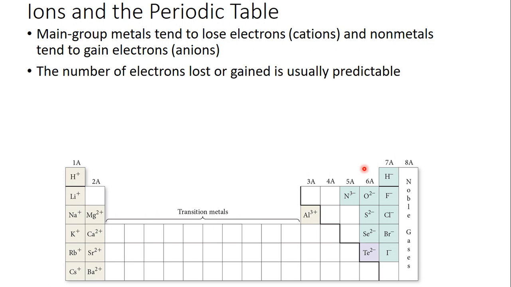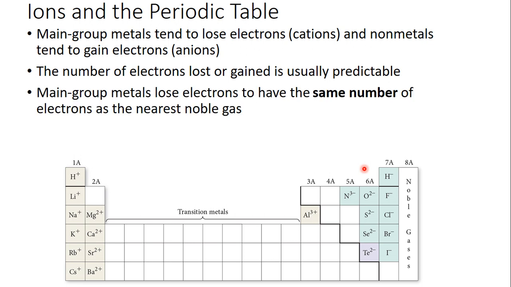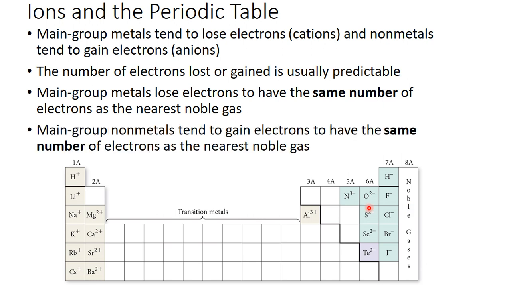We can usually predict how many electrons are gained or lost, because main group metals want to lose electrons to have the same number of electrons as the nearest noble gas. So for lithium, we lose 1 electron to become a noble gas. Calcium, we need to lose 2 electrons to become a noble gas.